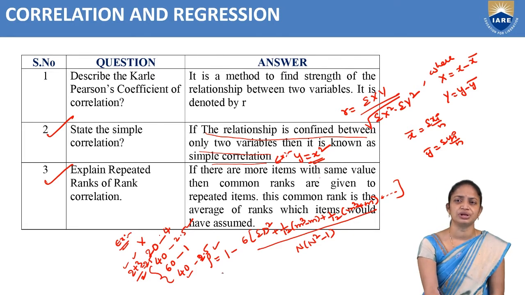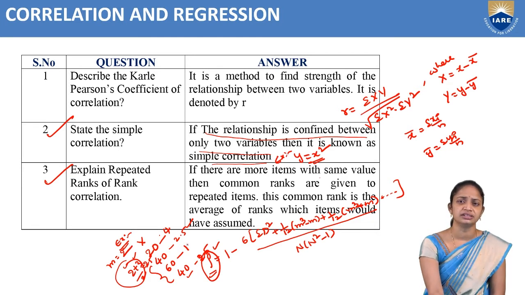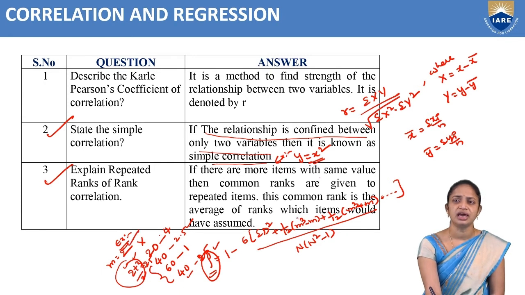The formula is rho equal to 1 minus 6 sigma d square plus 1 by 12 (m cube minus m) plus 1 by 12 (m cube minus m) plus and so on, divided by n into (n square minus 1). Here m is how many times the rank is repeating. Here it is repeating 2 times, so we take m equal to 2. So that is the formula for repeated ranks of rank correlation coefficient.